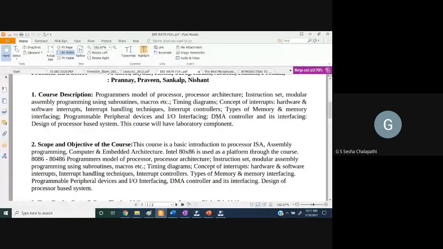It will basically introduce you to the processor at the ISA level, that is the instruction set architecture level, and we will be discussing the assembly programming of the Intel 8086 processor.